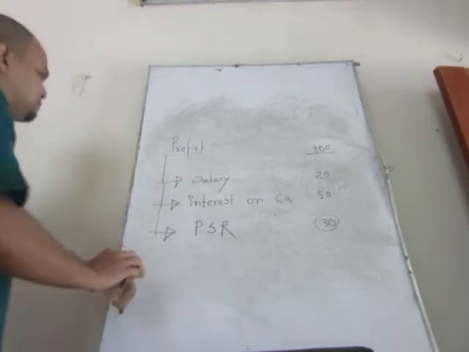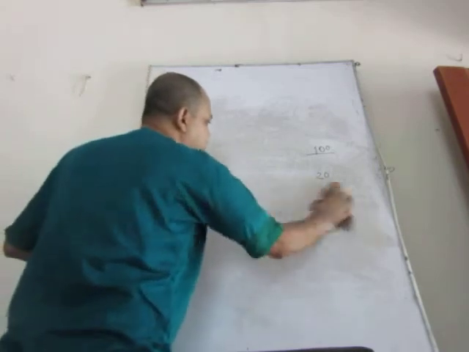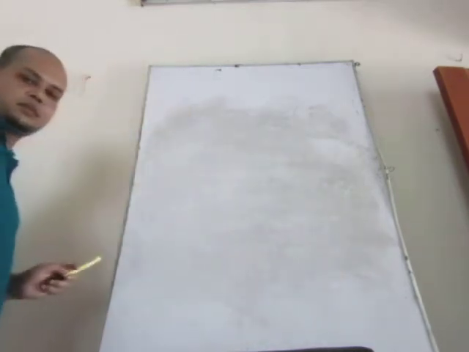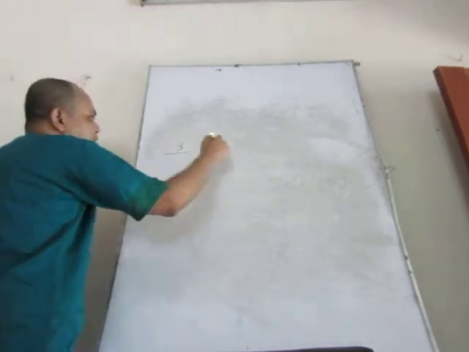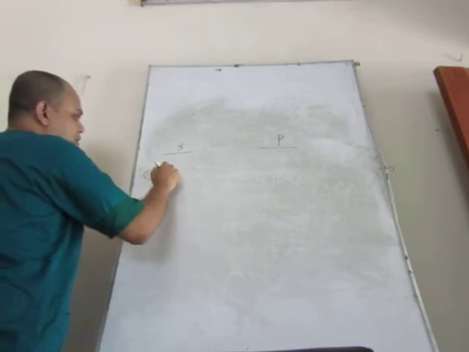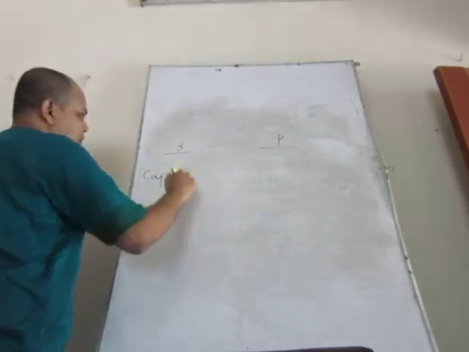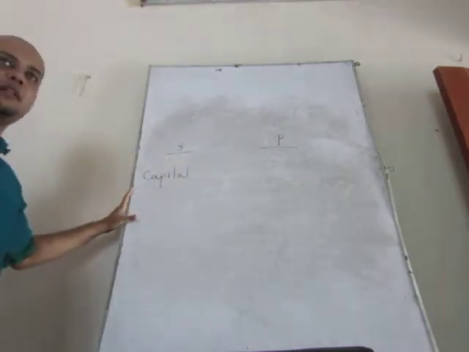Now, the thing is, in sole tradership and partnership business, the capital part. When you prepare the financial statement for a sole tradership business, there will be a part of capital.